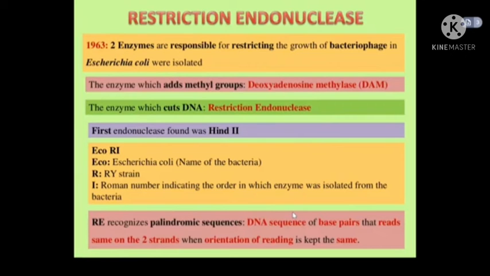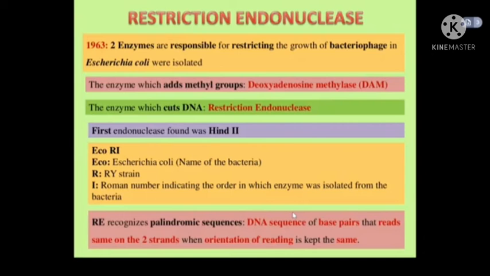In the same way, here also the nitrogen base arrangement will be in the same order. Adenine, guanine, cytosine, thymine, and if you read it the same way backward also, it will read adenine, guanine, cytosine, thymine.